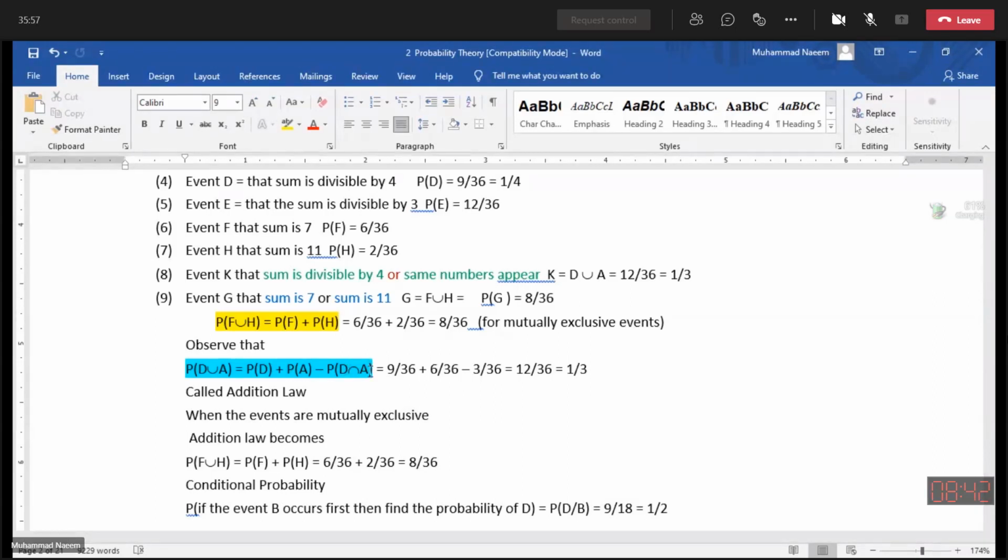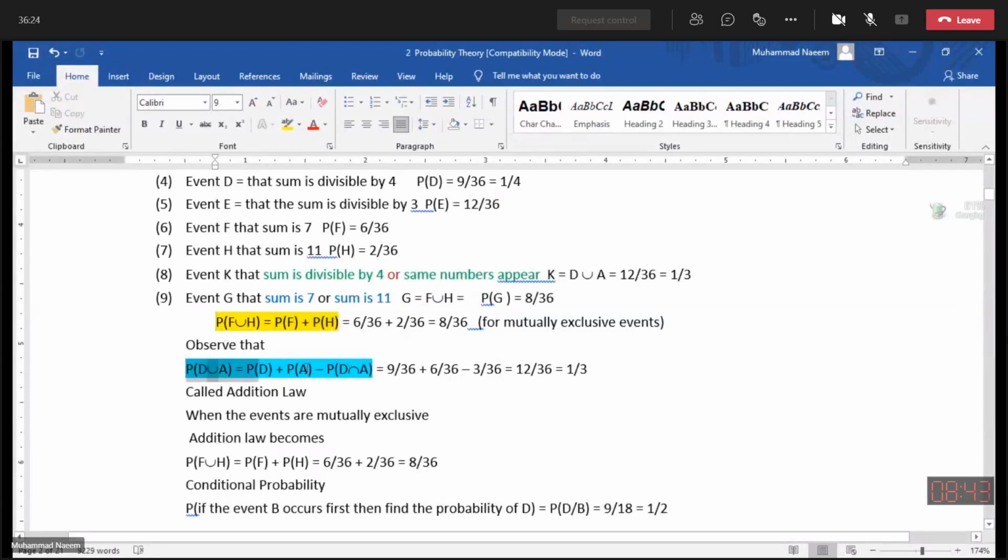To find the probability of the union, we can also calculate, because every time we will not have the whole sample space. So that's why we need to apply these rules to calculate the probability of the union and the probability of the intersection.